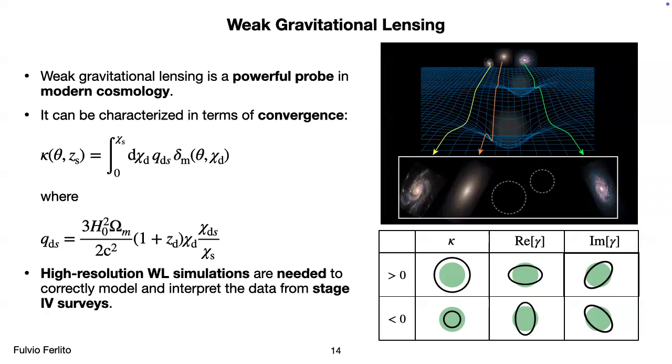We need to properly model physical and numerical systematics, in particular physics like the effect of baryonic physics versus dark matter only, or also the intrinsic alignment, about which I will talk later.